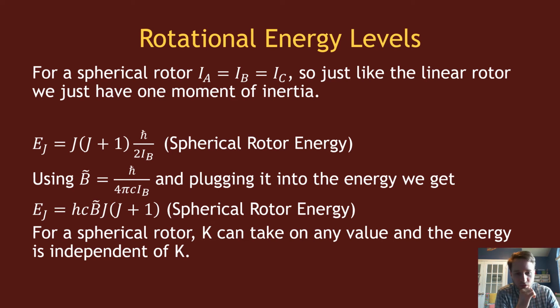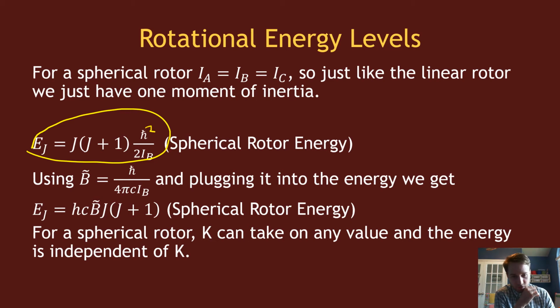All right, so now talking about a spherical rotor. A spherical rotor is a little bit simpler. All of these moments of inertia are equal to each other: IA, IB, and IC. Following the same steps as we did for the symmetric rotor, the total energy is related to this equation here: EJ is J times (J plus 1) times h bar squared over 2IB.